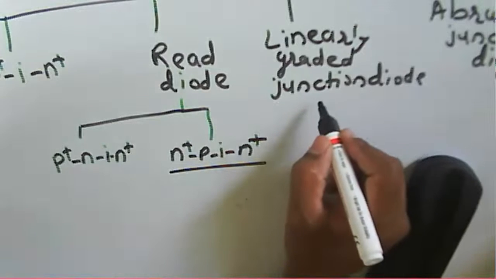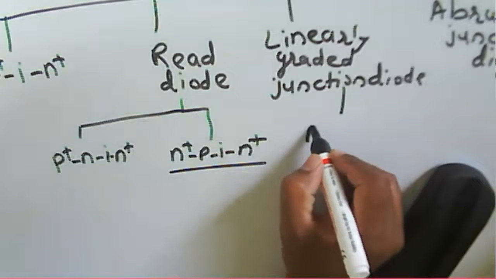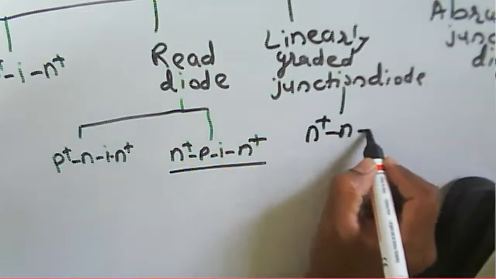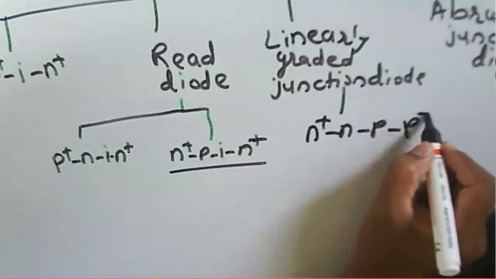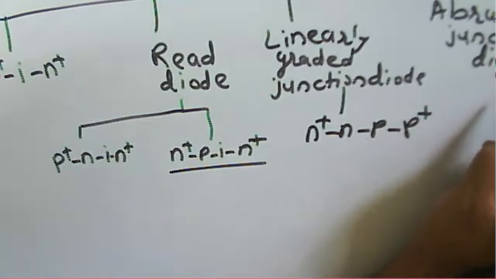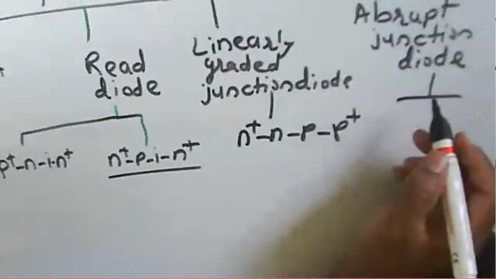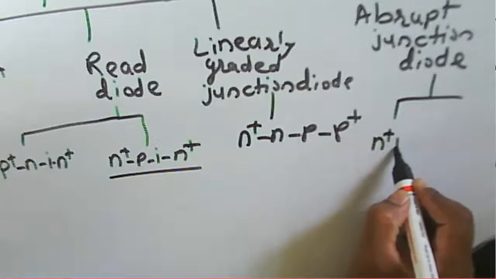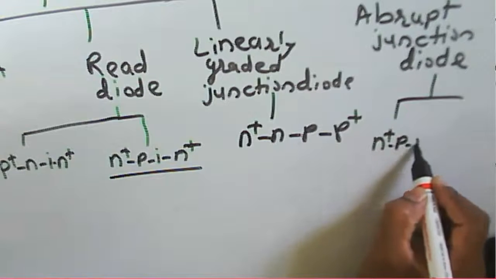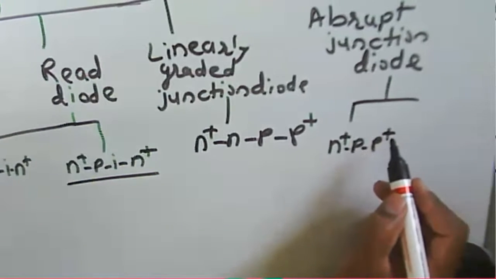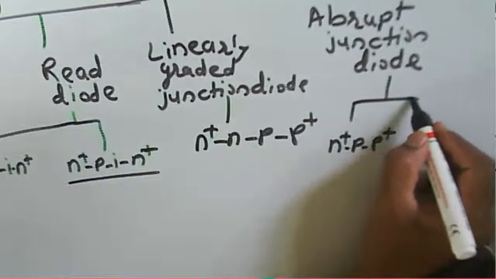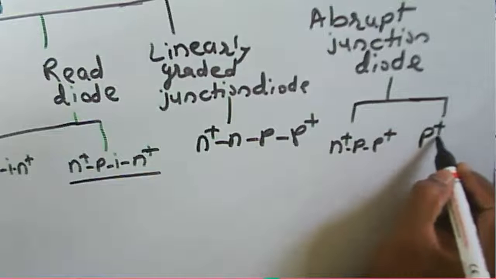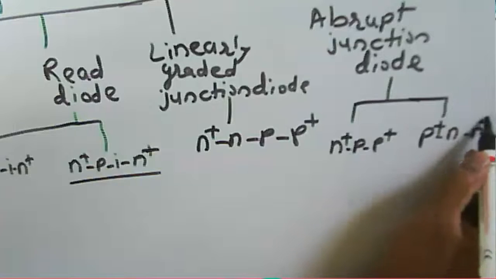And this linearly graded junction diode is nothing but N plus, N, P, P plus, or the abrupt junction diode. Okay, abrupt junction diode is nothing but N plus P, P plus, and P plus, N, N plus.